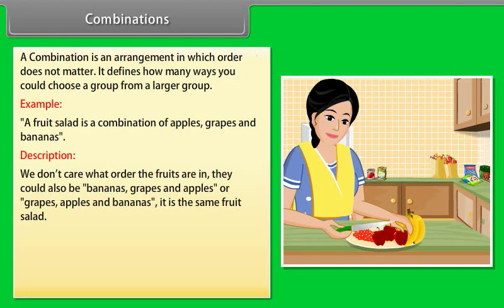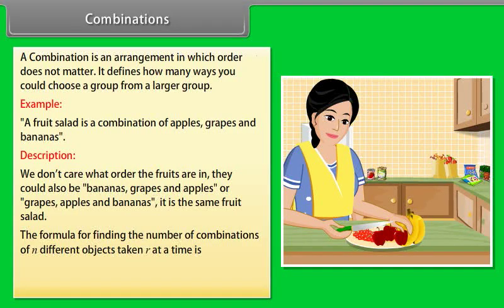They could also be bananas, grapes and apples, or grapes, apples and bananas. It is the same fruit salad. The formula for finding the number of combinations of n different objects taken r at a time is nCr is equal to n factorial by (n minus r) factorial into r factorial.